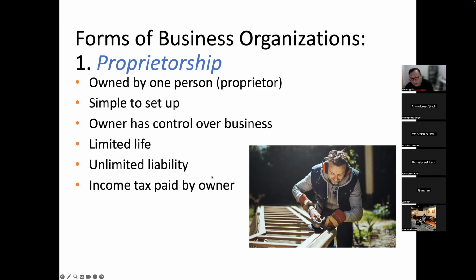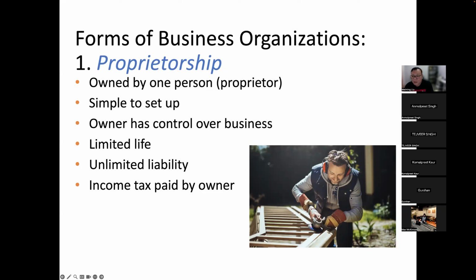Unlimited liability. So basically, if he's building my fence, and he didn't do it properly, and the fence falls and crushes the neighbor's child, and the neighbor is really upset, they sue me, right? So that's his liability.